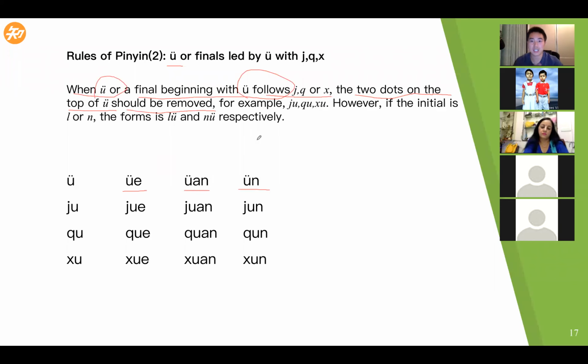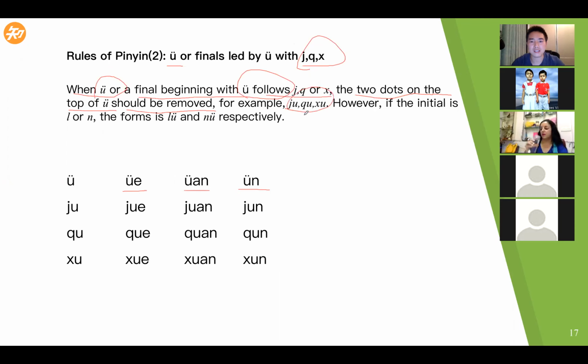Attention. Ji, qi, xi. These three initials are really evil. They're really brutal. When they meet yu, they take the two dots of yu, like the eyes of yu. So when they meet together, the yu loses the two dots.